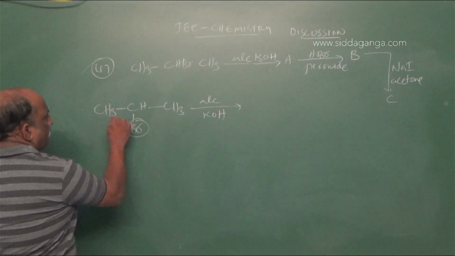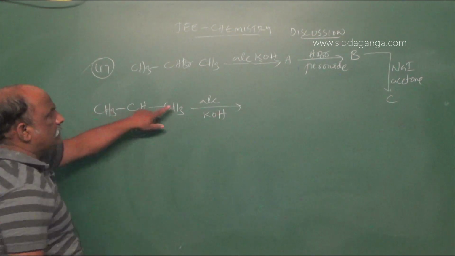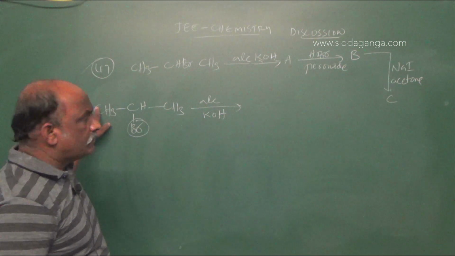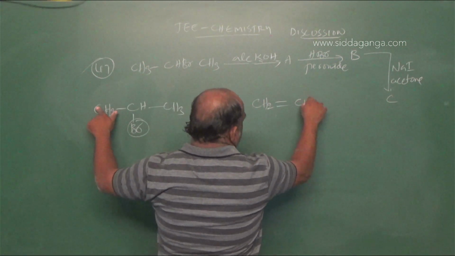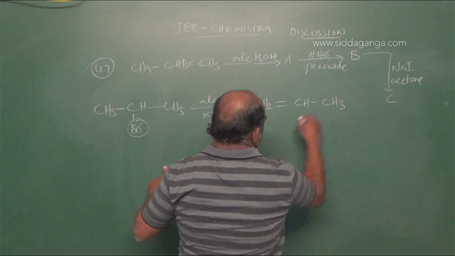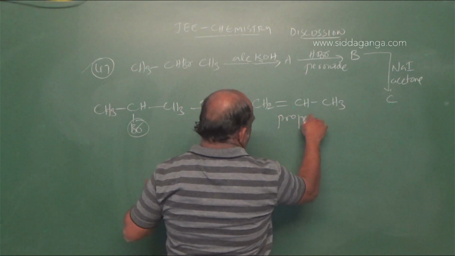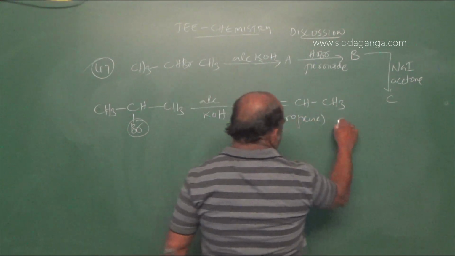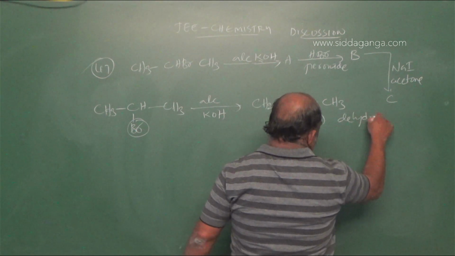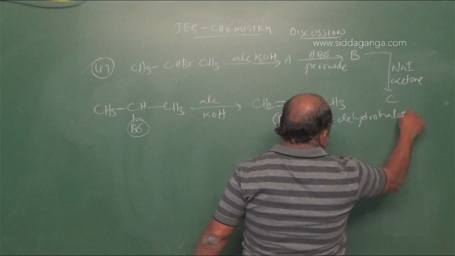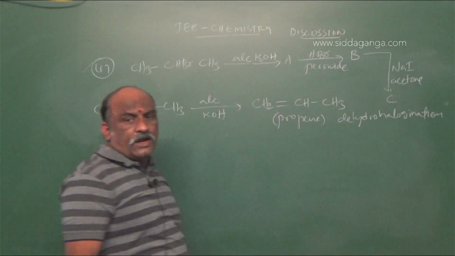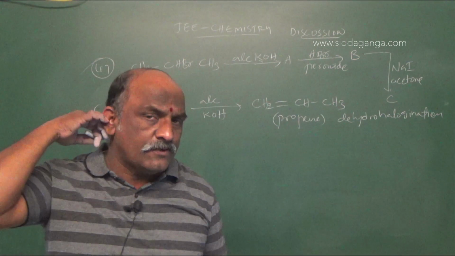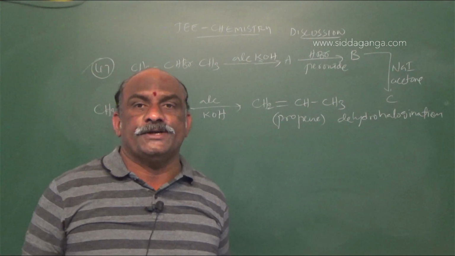Remove Br and remove any one of the H, either this H or this H. The answer is CH2 double bond CH single bond CH3. This is called propene. This reaction is called dehydrohalogenation, which takes place in the presence of alcoholic KOH.